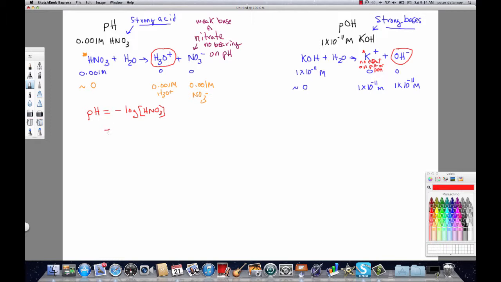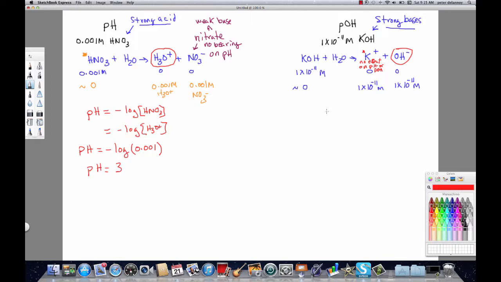And this equation is therefore equal also to the concentration of H3O+, and I'll show both versions here. So to find the pH of the 0.001 molar solution, we simply plug in the concentration of the acid, which is 0.001. And the pH, therefore, is going to be equal to 3.